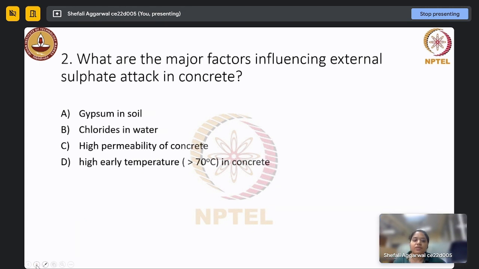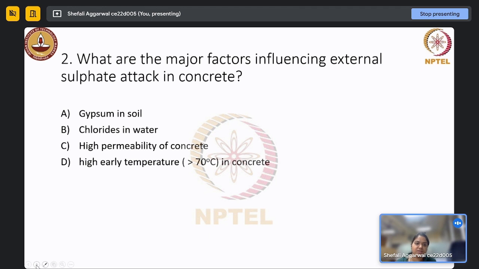Okay. So the next question is, what are the major factors influencing external sulfate attack in concrete? Options are: gypsum in soil, if the concreting is done on the land; chlorides in water, mainly when it's present in bridges; high permeability of concrete; and high early temperatures in concrete.